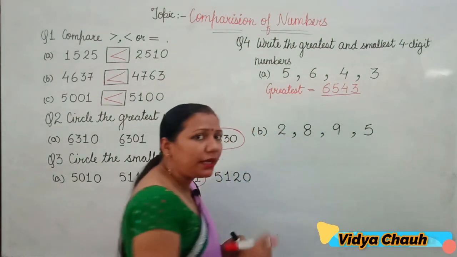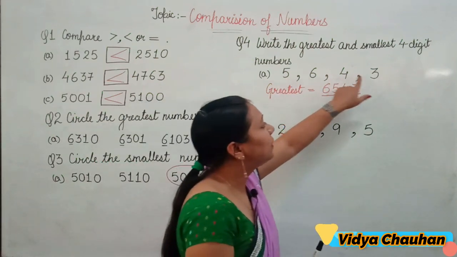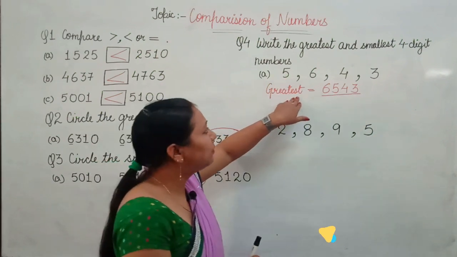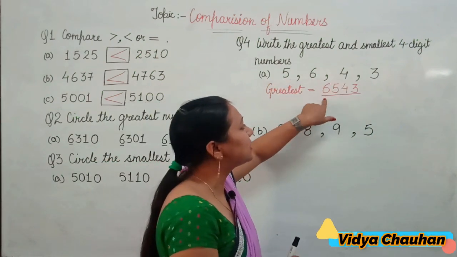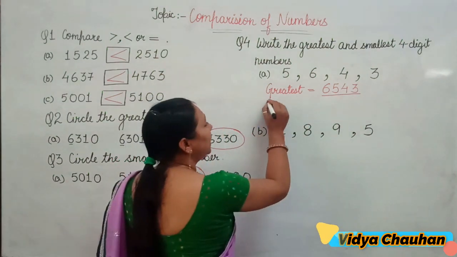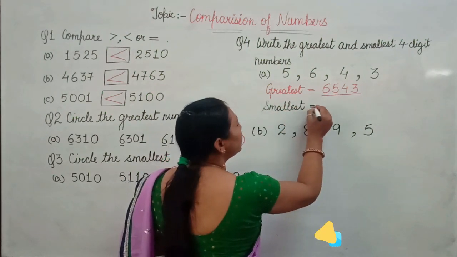This is our greatest 4-digit number using the given digits. So when the digits are given to us, the greatest number using these 4 digits is 6543.